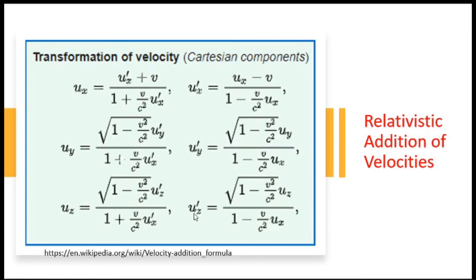And similarly, uz dash is equal to under root of 1 minus v square upon c square uz divided by (1 minus v upon c square into ux). These give me the inverse Lorentz transformations. If these are known, I can obtain this set of equations.